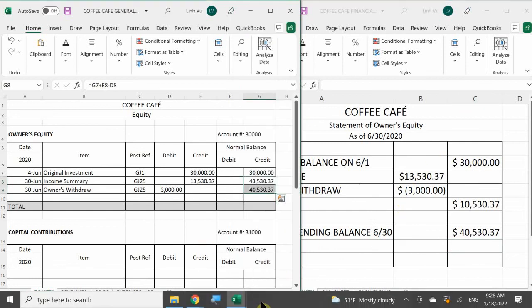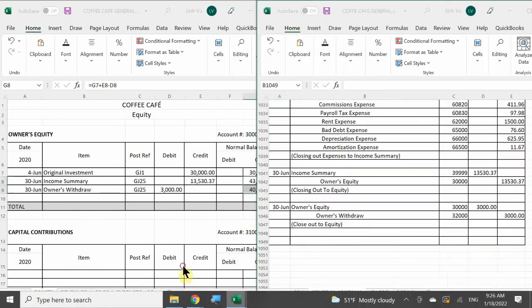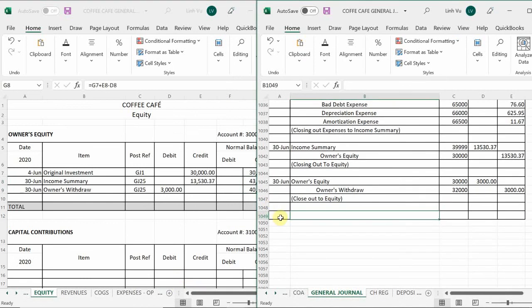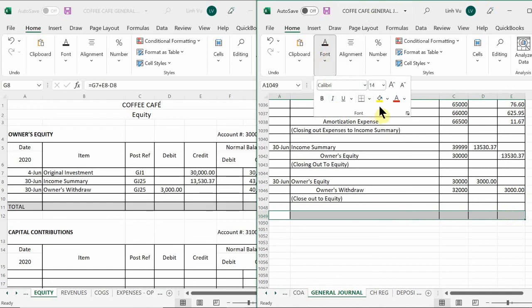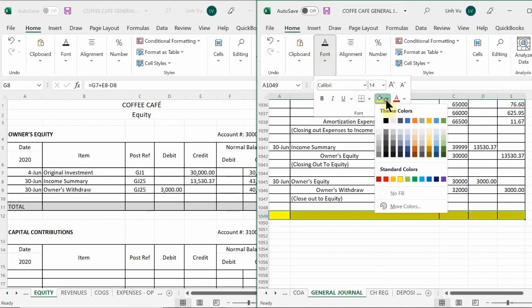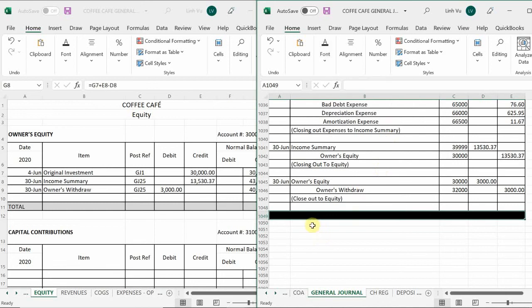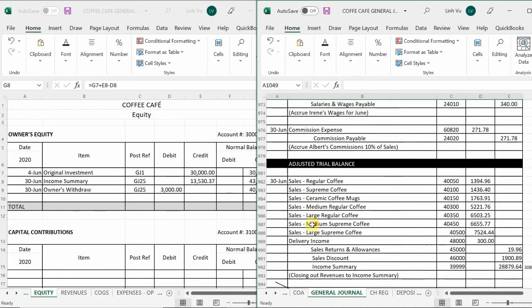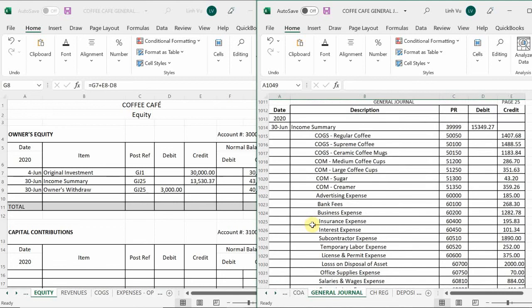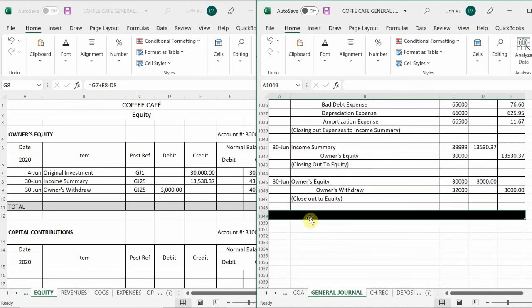And now I'm just going to go ahead and close out my journal because that's the last journal for this entire scenario, right? We are done, right? And then I'm going to go ahead and write right here.